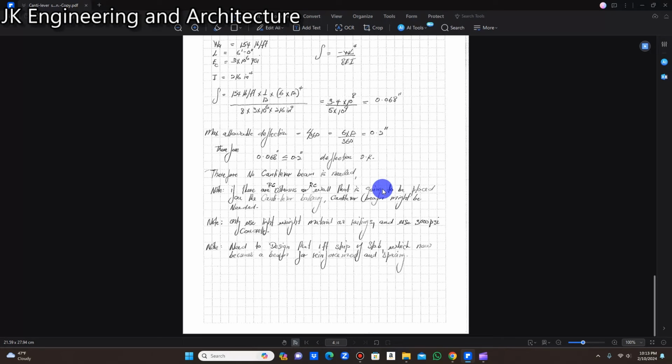Next thing I want to point out before I end this video, you have to ensure that you use the required strength of concrete. Because if you just arbitrarily mix up concrete on site, where you can't determine the strength of that concrete, right, you can end up with that cantilever slab failing.